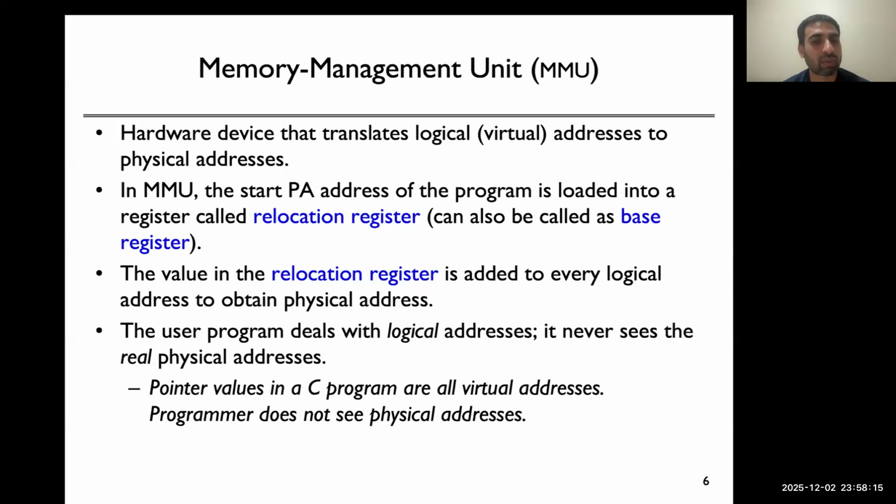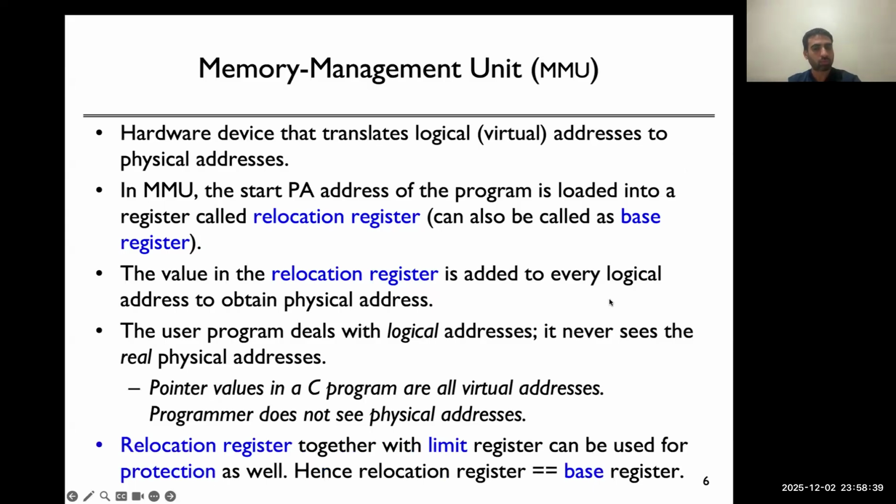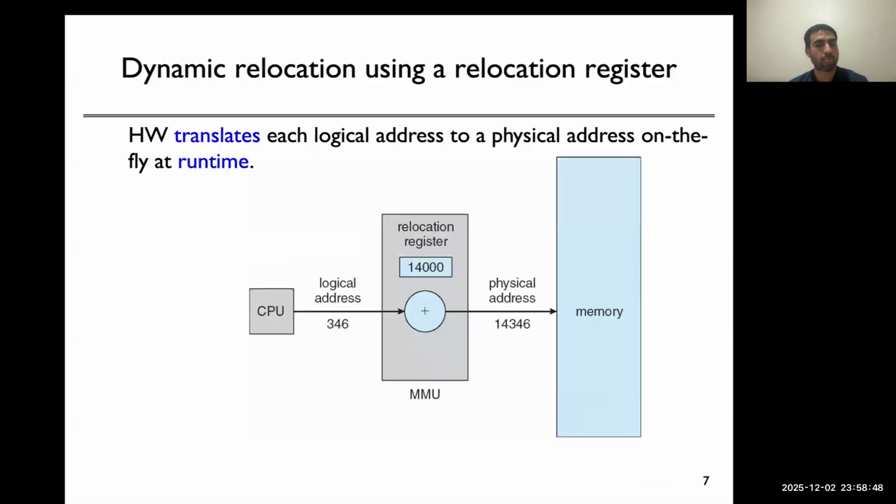But otherwise, if you don't have kernel-level access and you are writing a user-level program, all the addresses generated and seen by your program will be logical addresses. So pointer values in a C program are all virtual addresses. The programmer does not see physical addresses. The relocation register with the limit register can be used for protection as well, just like I explained. Hence, the relocation register is also known as the base register.